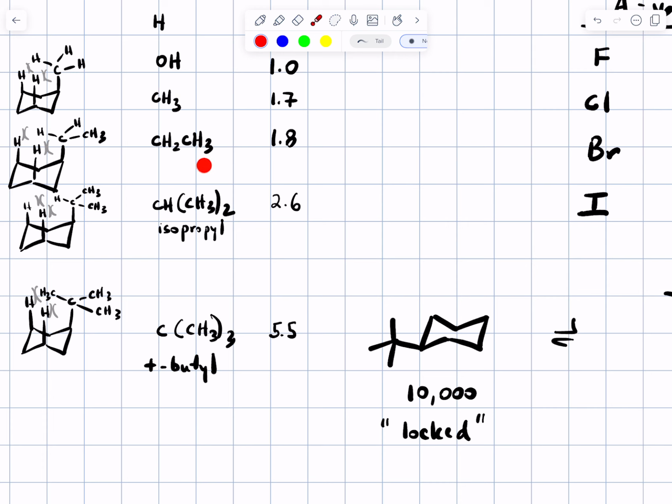I don't know how big that is, but if I go back to my list of A values, a CH2 with an OH attached to it probably has to be about the size of a methyl group or an ethyl group, right? Notice that when you go from methyl to ethyl, remember we talked about that additional CH3 group doesn't make as big of a difference. And notice that we know that the OH group is smaller than a CH3 group. Therefore, it stands to reason that a CH2OH group should be about the same size as a CH3 or a CH2CH3 group. Do you follow that reasoning? All right.